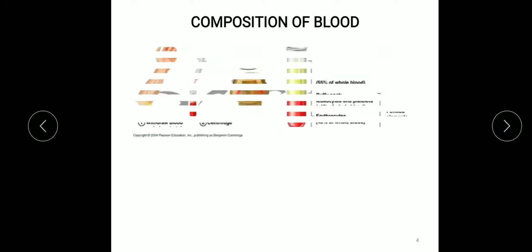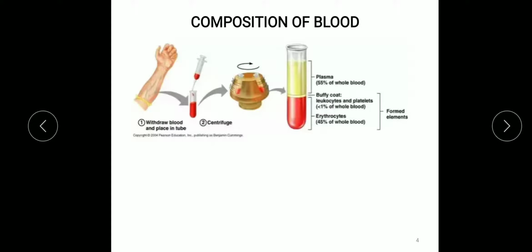So, what is the composition of blood? Spinning the blood sample in a centrifuge, a process that causes the heavier elements to settle down within the blood sample, separates them from the lightweight liquid plasma.